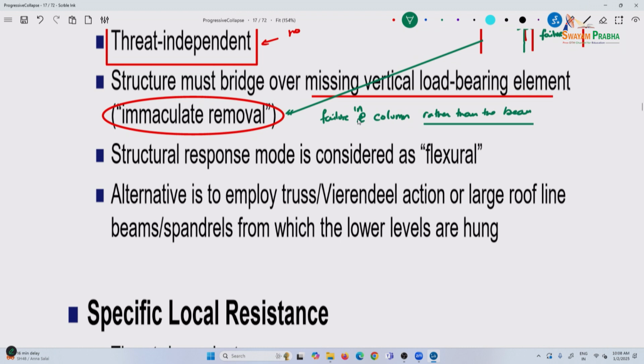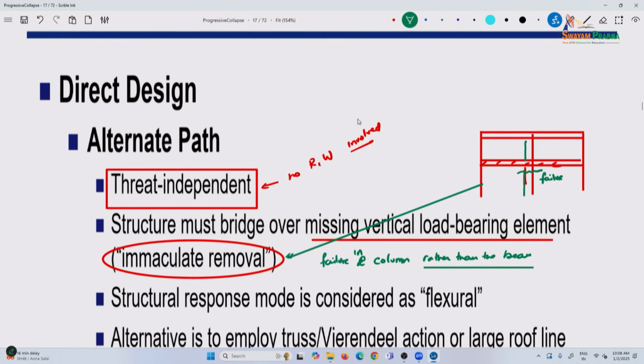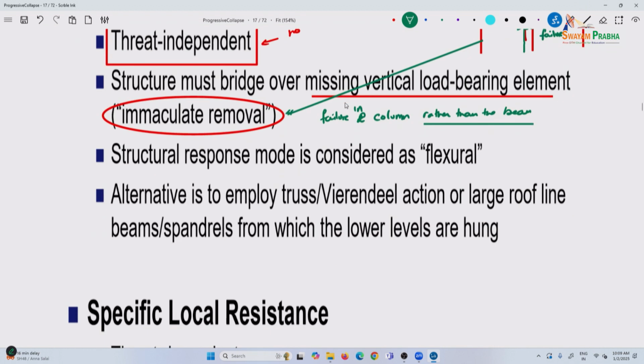Structural response mode is considered flexural, so then you have the beam bending this way. And alternative is to employ truss vierendeel action or large roof line beam spandrels from which lower levels are hung. So in this case, if there is sort of a building like this, you are sort of hanging the lower levels.